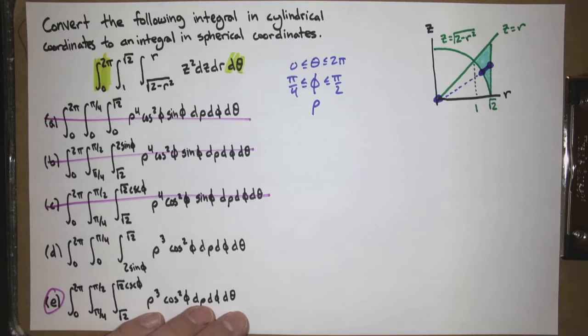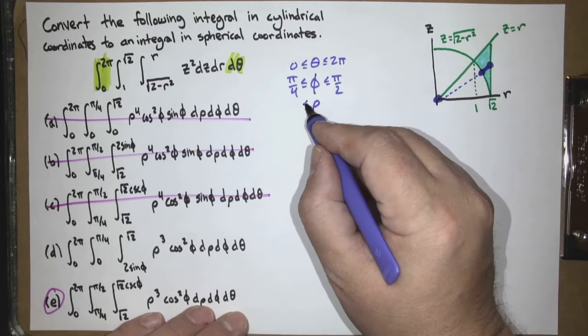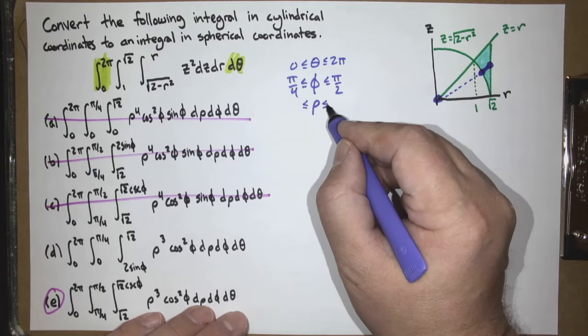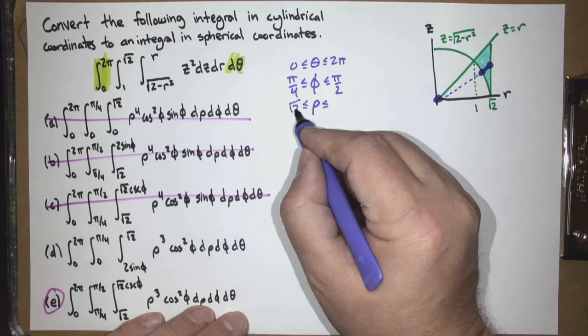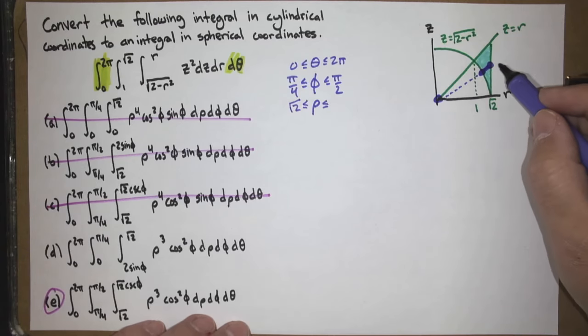A sphere. If you spin the circle around, you get a sphere. So we're hitting the sphere at root 2. Well, it turns out spherical coordinates love spheres. It's in the name. So we start at root 2, at the sphere. Where do we stop?